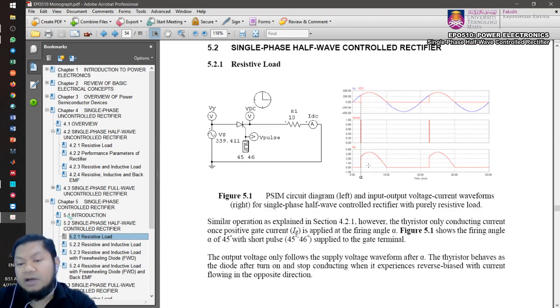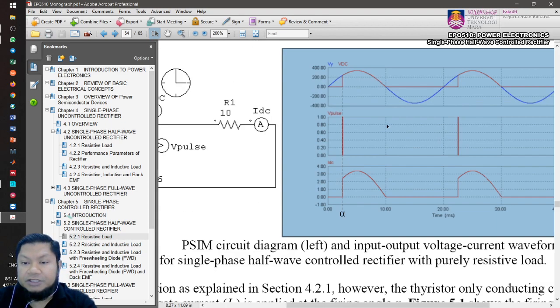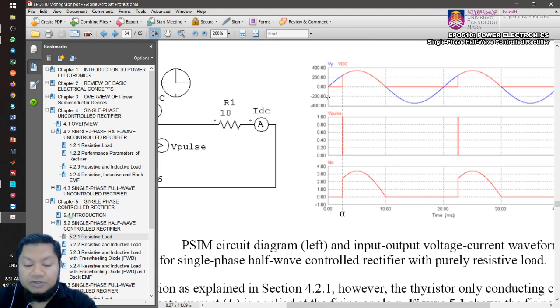Look at the area of the output voltage; of course it will change. If you have alpha equal to 0, it operates as a diode, and the output voltage waveform will be exactly the same as for the diode rectifier. But if you have an alpha from some value up to pi, then the area under the curve gets smaller and smaller.